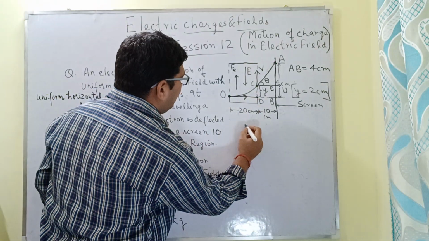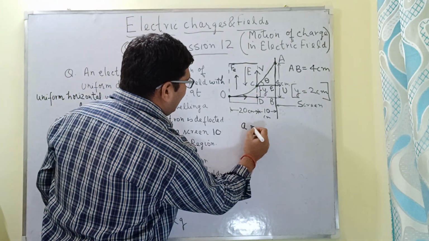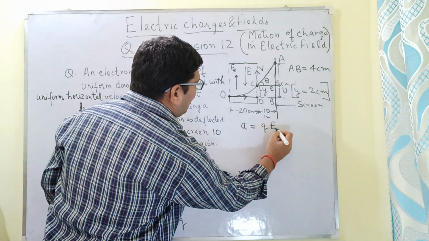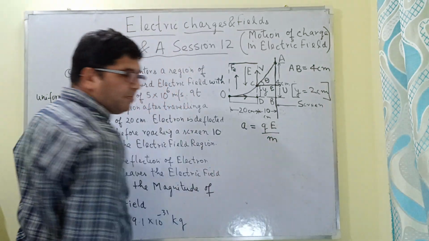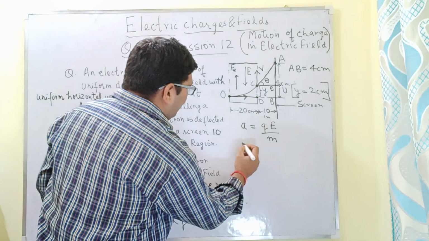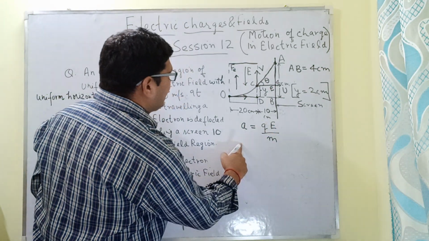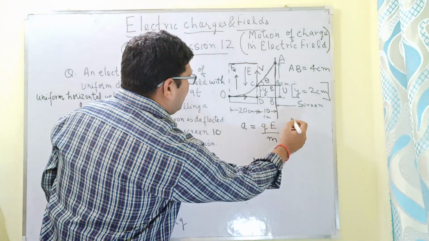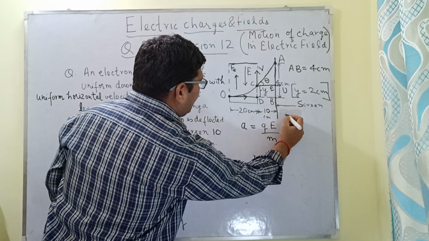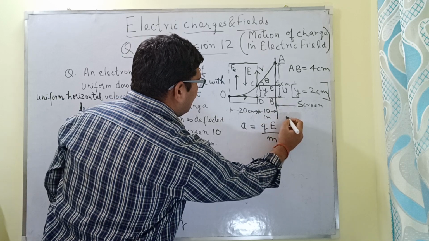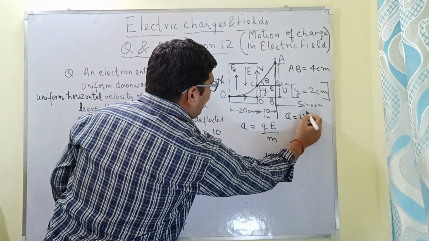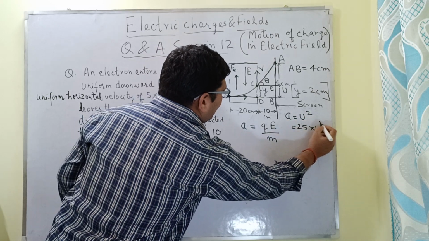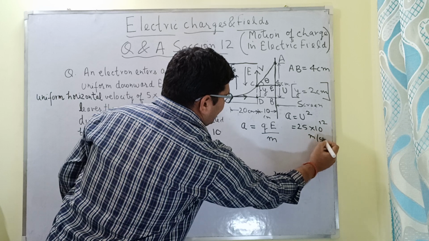that acceleration of the electron is given by QE upon m, which we have already studied in session number 11. Now A we have already calculated, that is A was equal to u square, which was equal to 25 into 10 to the power 12 meter per second square.